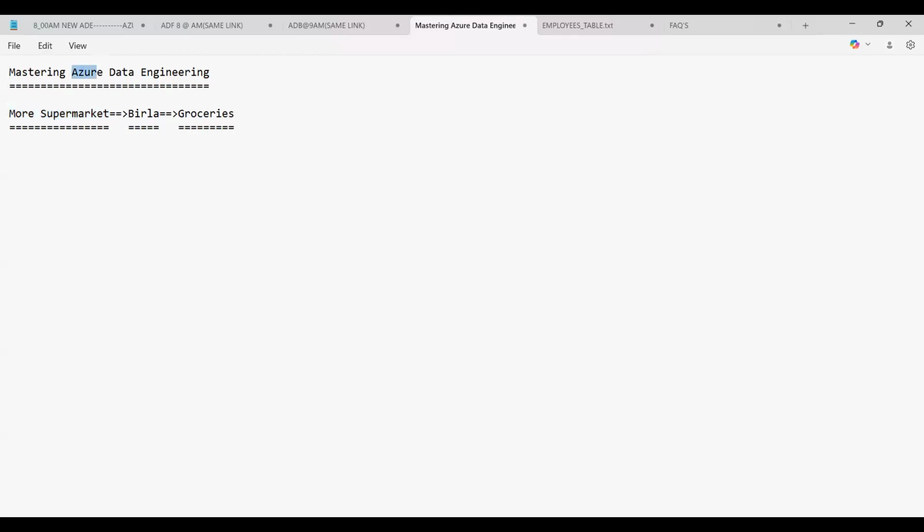In the same way, here you have Azure. Azure is the name used by Microsoft to market the cloud services. That means Microsoft is using the name Azure to sell their cloud services.